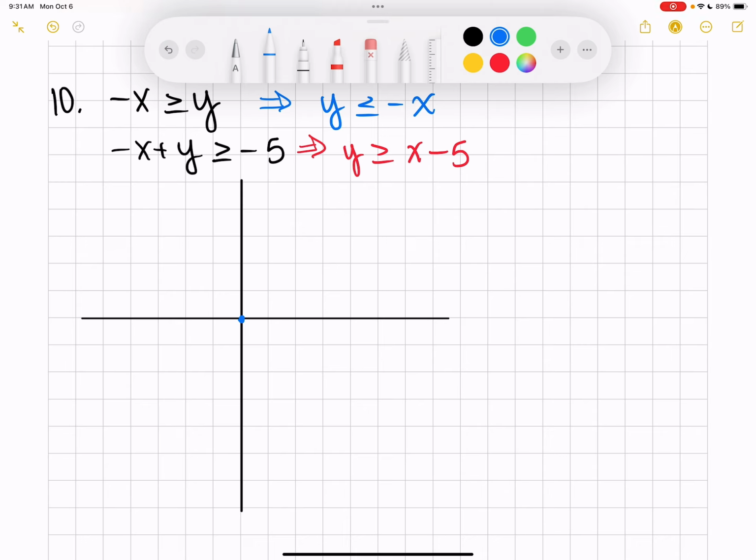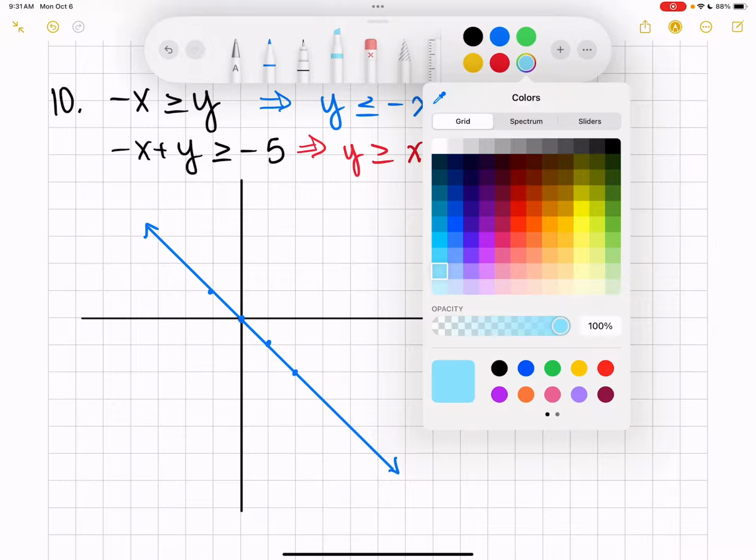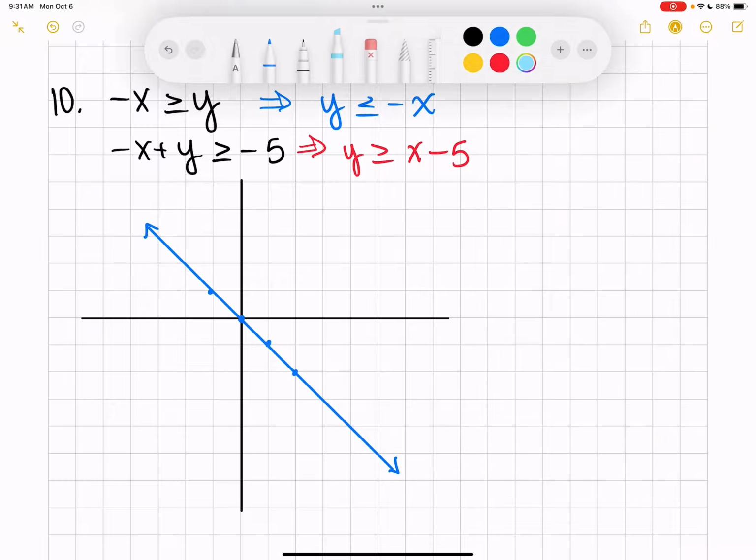Down 1, right 1, down 1, right 1, or up 1, back 1, either way. Solid line. Now which direction does this one shade? Down. Yep, below. So this one's going to shade down here.